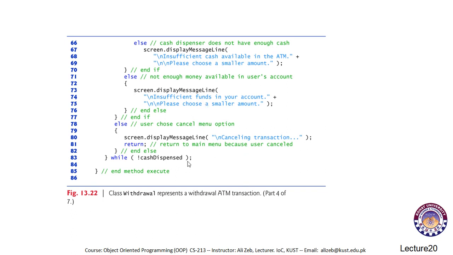Or if the user cancels the transaction, the message will be displayed on the screen. And the loop will go on until the cash has been dispensed. When the cash has been dispensed and this variable becomes true, we will exit the loop, and this marks the end of the execute method.